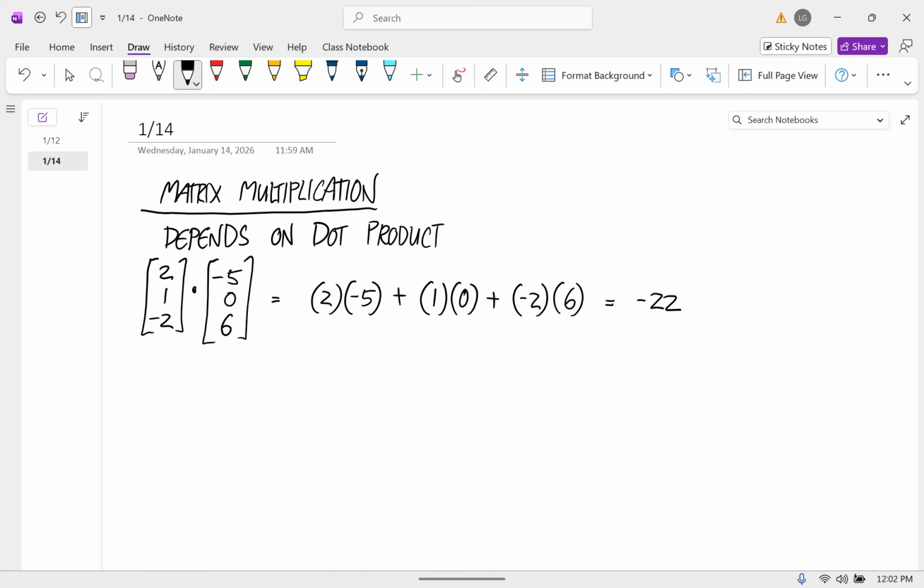So without the dot notation, this means the same thing as 2, 1, -2 times -5, 0, 6 as a column. I'm telling you that other notation because it's going to make sense why matrix multiplication works the way it does.